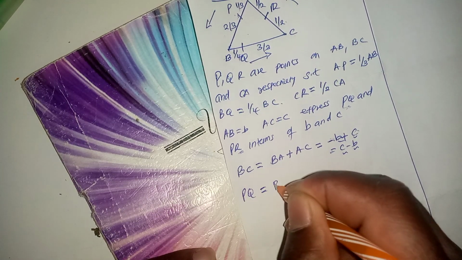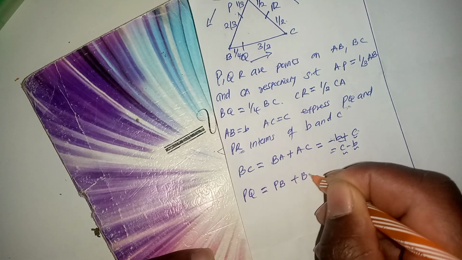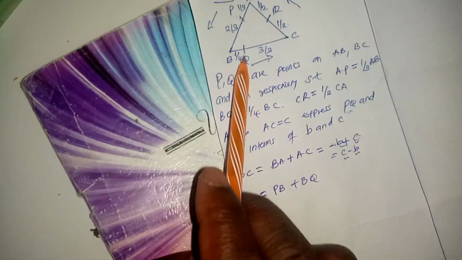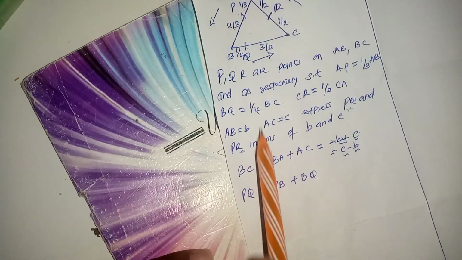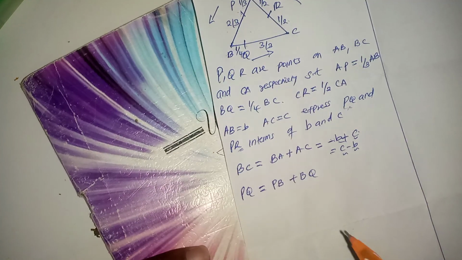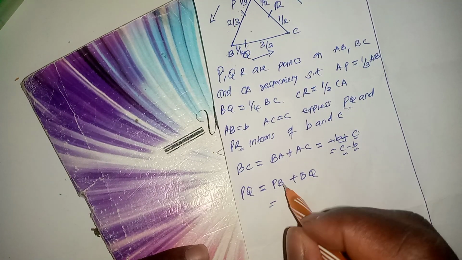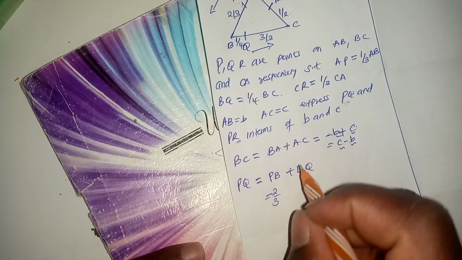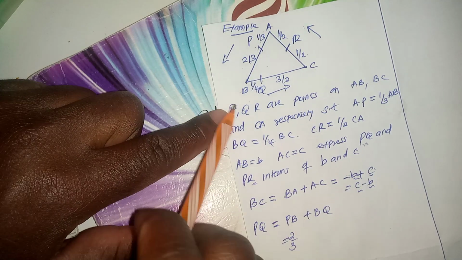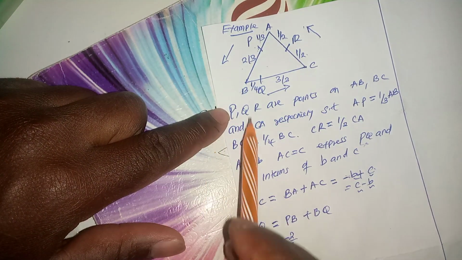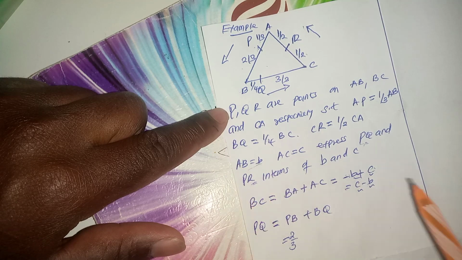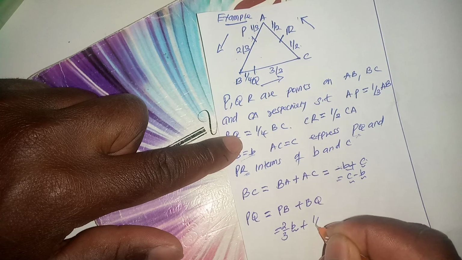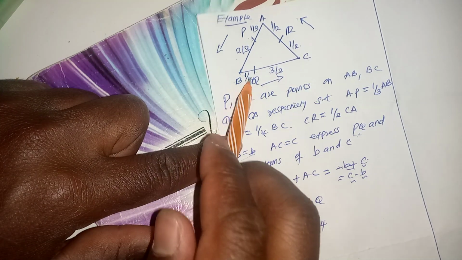PQ is equal to PB plus BQ. Now in this case, our PB is 2/3 of AB, and our AB is small b. So this is 2/3 b plus a quarter of BC.